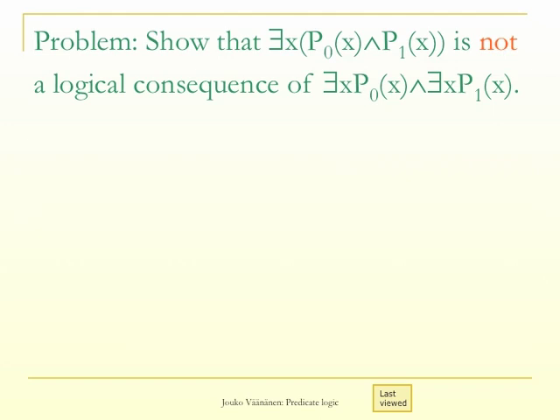Third problem. Show that ∃x(p0x and p1x) is not a logical consequence of ∃x p0x and ∃x p1x.